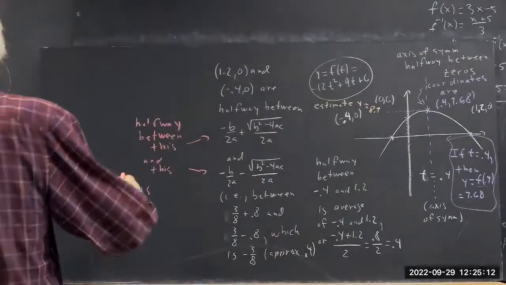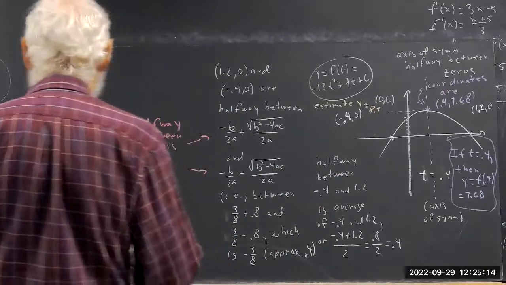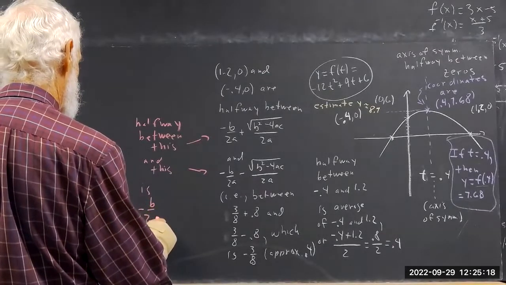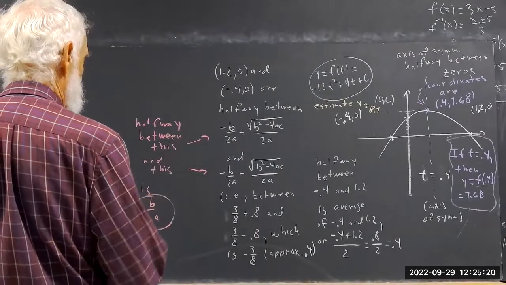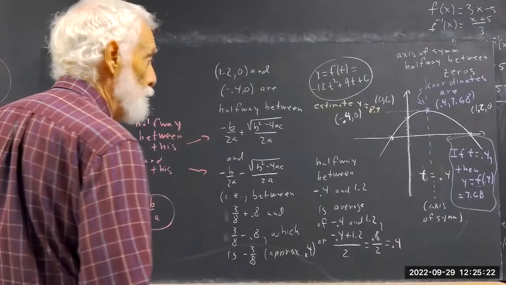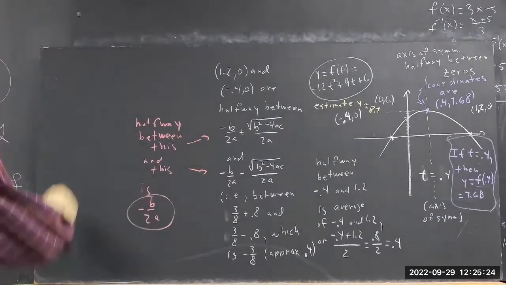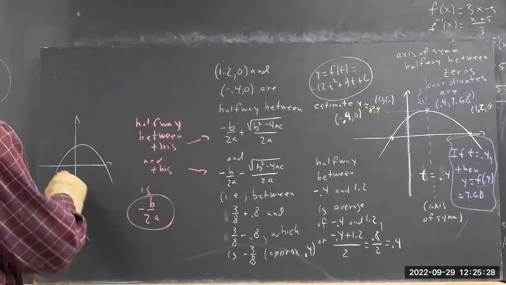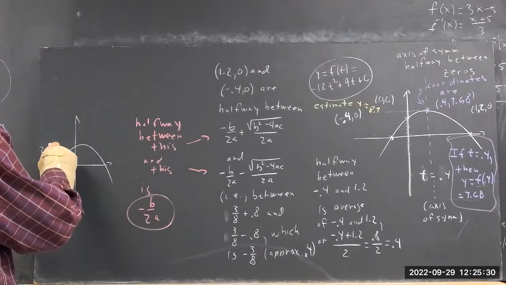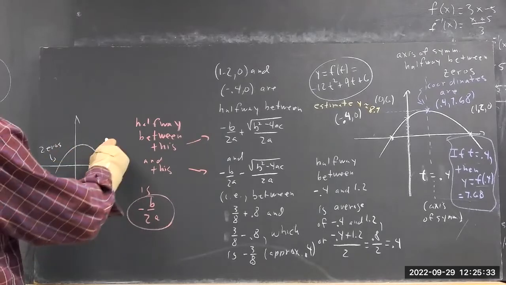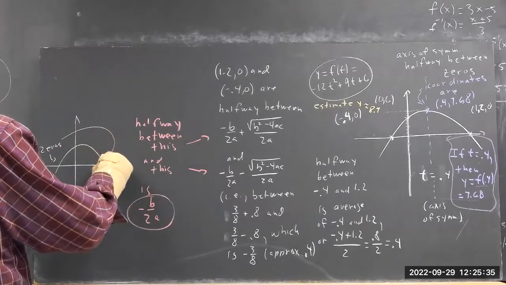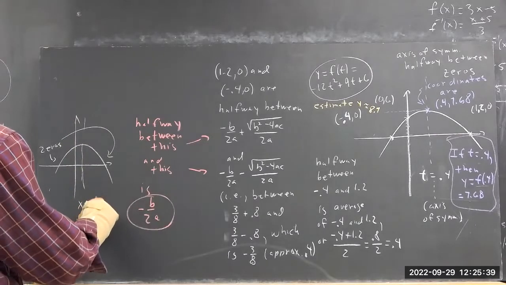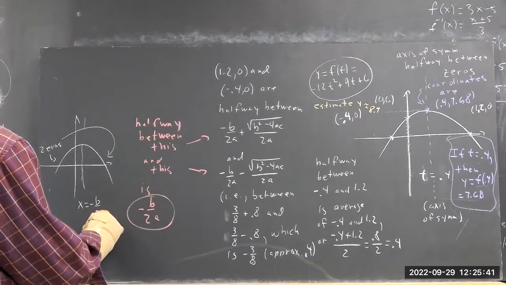So now we have a general fact for this one in particular: the zeros here and here, and the line x equals negative b over 2a.